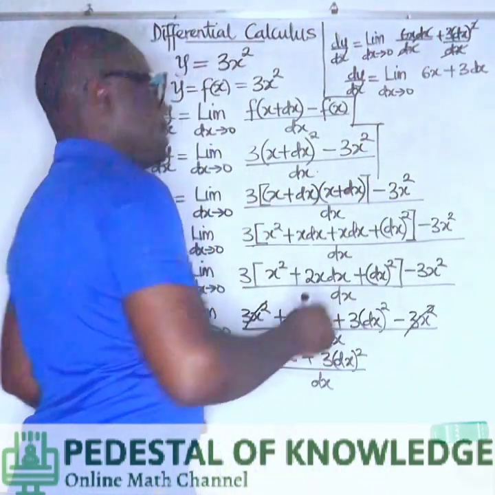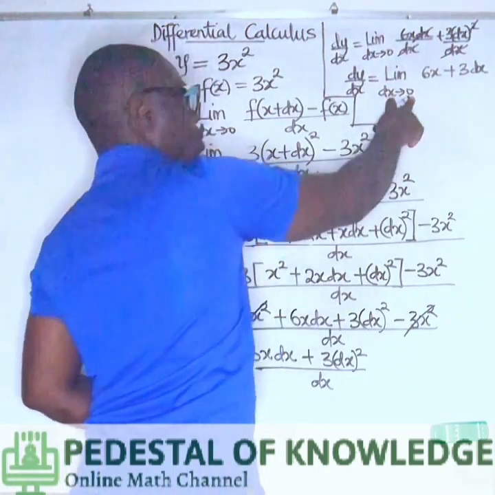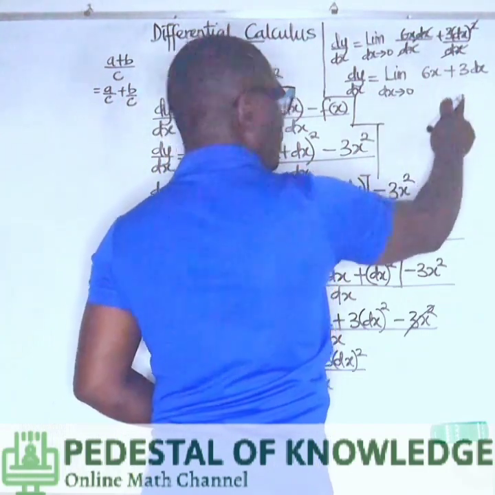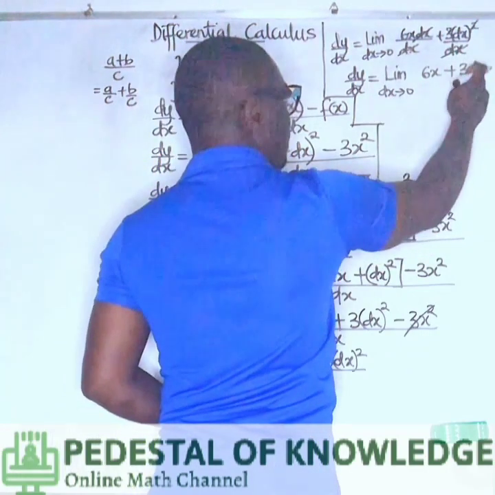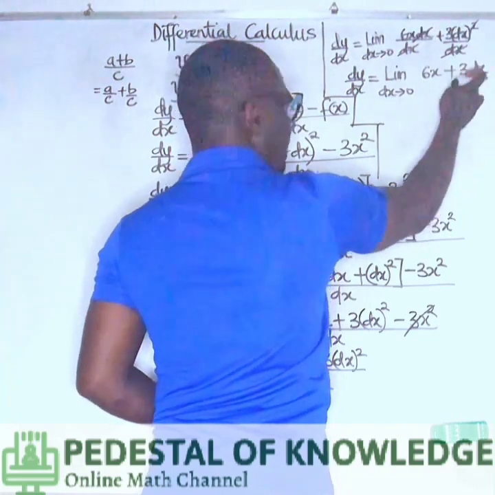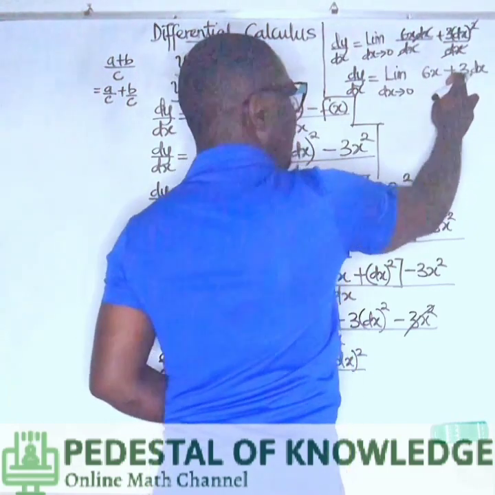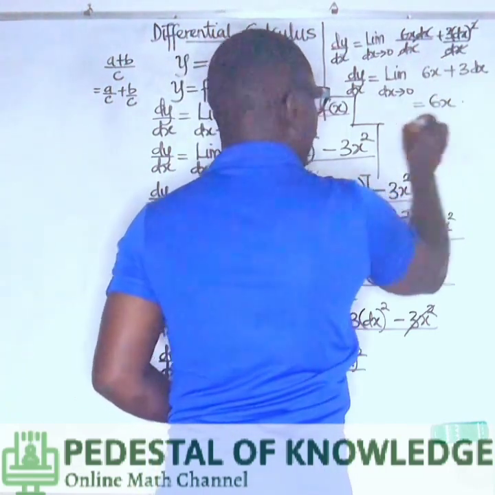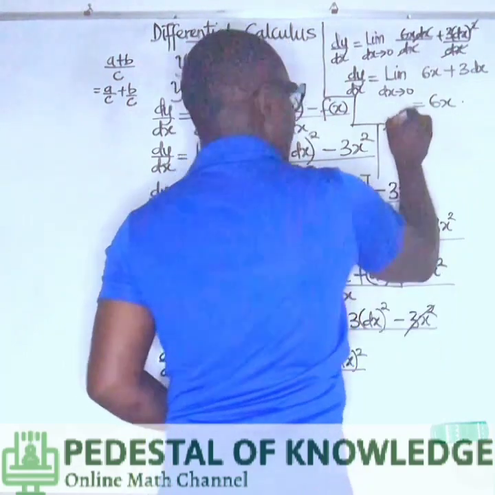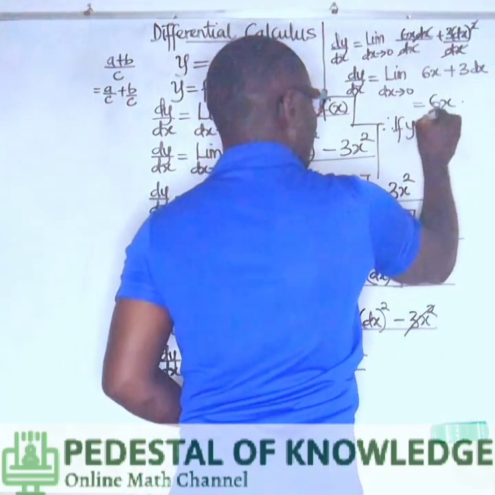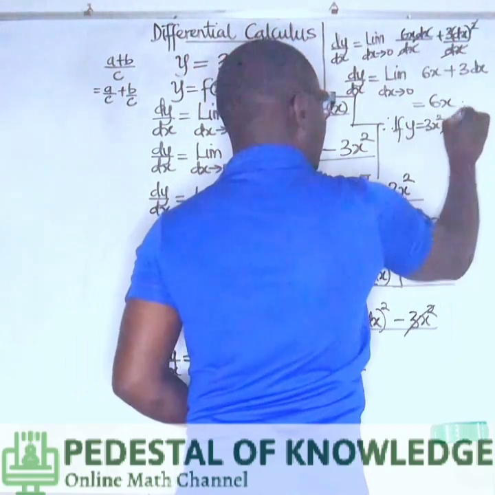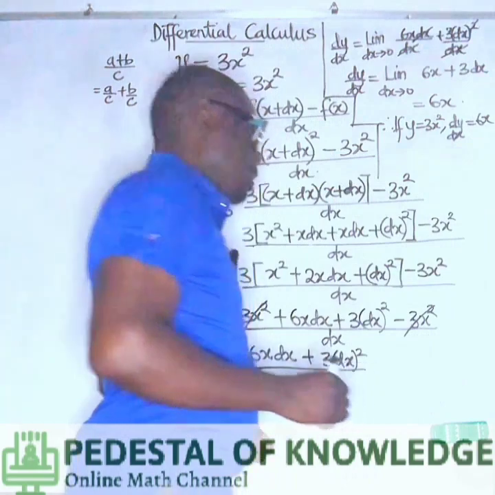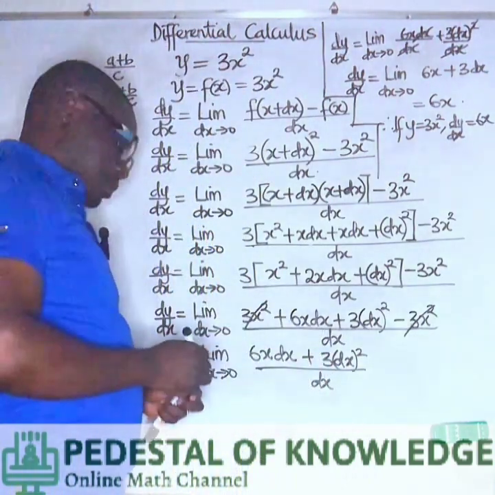Alright, now remember that as dx approaches 0, we are going to substitute dx as 0 in this expression. So if dx is equal to 0, that means we have 0 times 3, and 0 times 3 is equal to 0, and 0 plus 6x will give us 6x. Therefore, if y is equal to 3x squared, then dy/dx is equal to 6x. Alright, I hope that is understood.